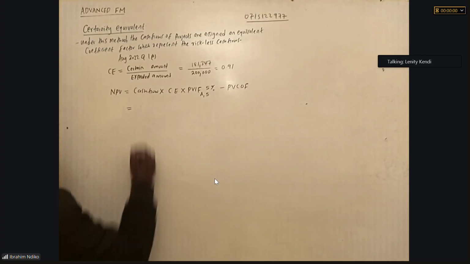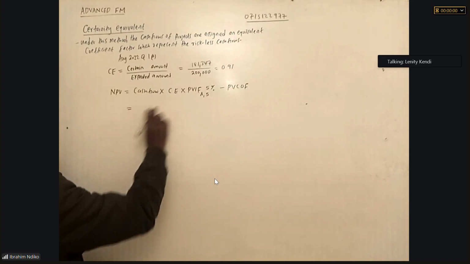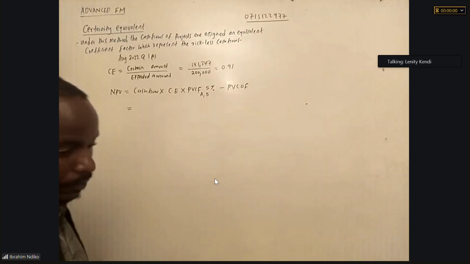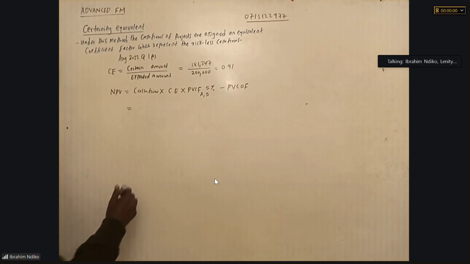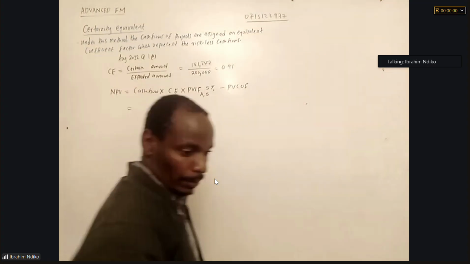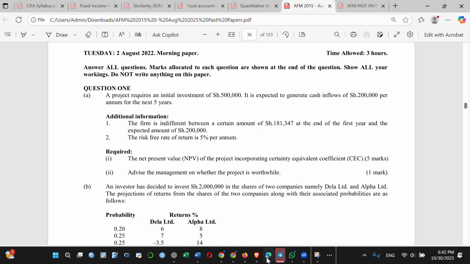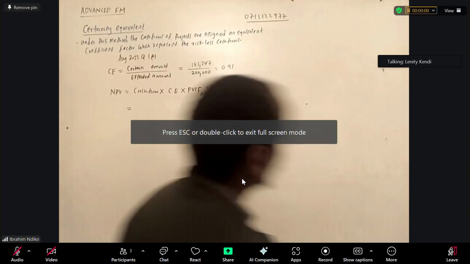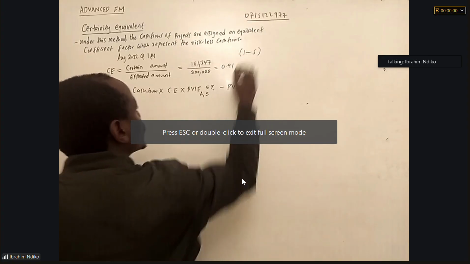The present value cash outflow is 500,000. And the expected cash flows are 200,000. They have not given us another one above. It is still 200,000 per annum for the next 5 years. But remember it is years 1 to 5, so it's an annuity.